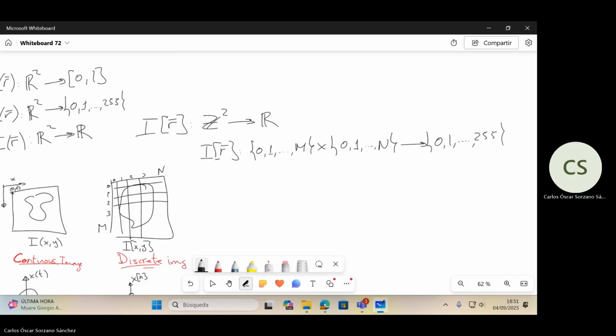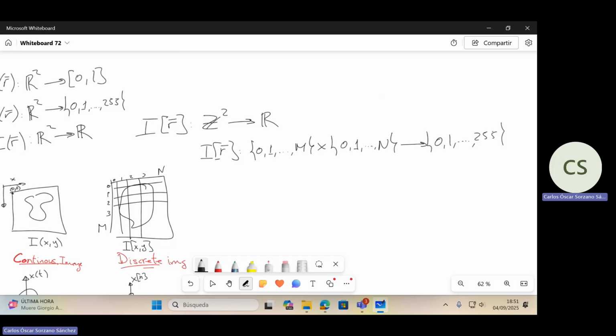So an image is nothing more than a function. It is a function that goes from one domain to a range. And the values here are up to 255. Let's say that I want to write a color image.